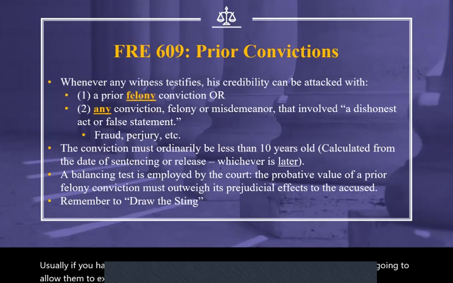If it's something like perjury, I would hit that home again. Even though the jury's already heard it, they could hear it again. Remind them what perjury is. They already lied in a previous trial, so why aren't they lying now, right? So again, draw this thing as best you can if it's your witness. If it's not your witness, you go on the attack.